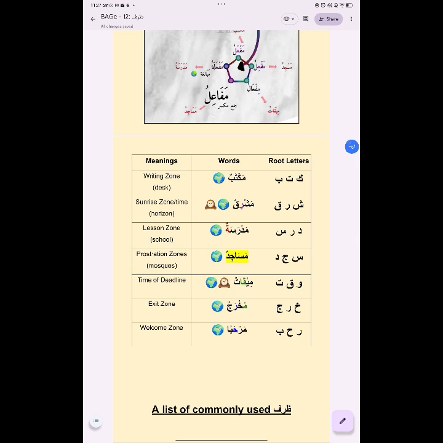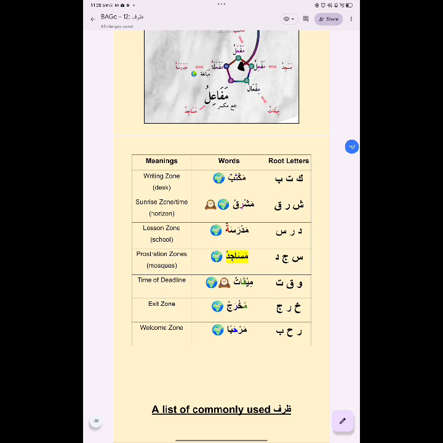The root letters are kataba, it means to write. So you can form the zarf maktabun. Maf'alun, so maktabun, and of course this is going to be the writing zone or simply the desk. So it's ism zarf makan. Then you've got the root letters sheen, ra, qaf.